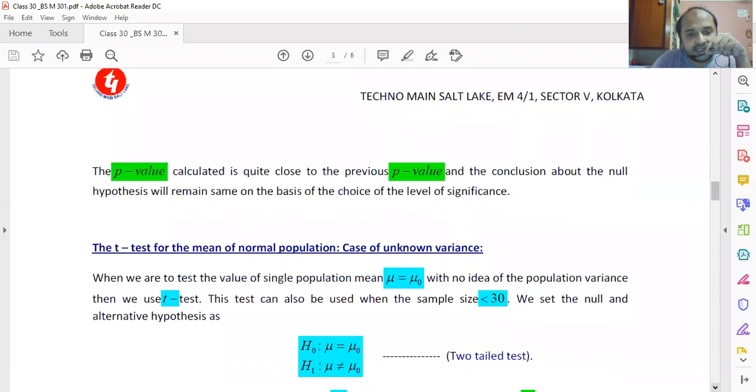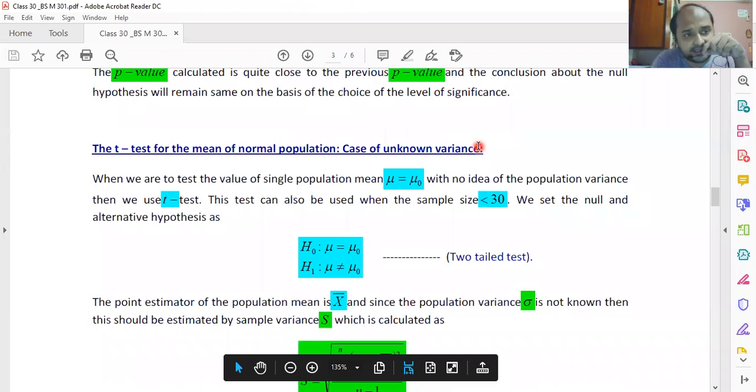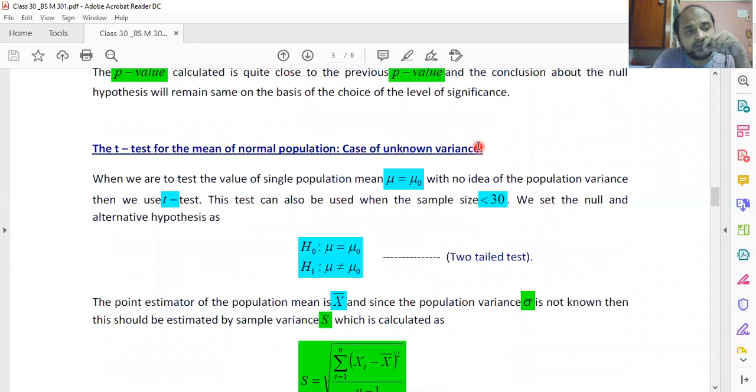Next comes the t-test for the mean of a normal population in the case of unknown variance. Students, I must say that these different situations you have to recall, because hypothesis testing is not a universal rule which can be applied to each and every problem. That means there is no one unique formula applicable to every case.